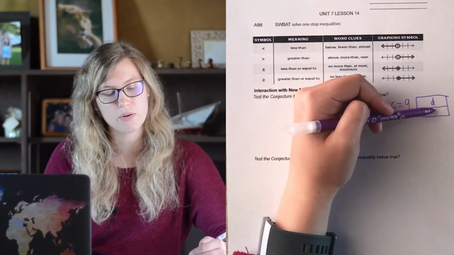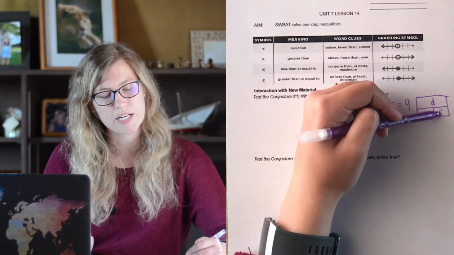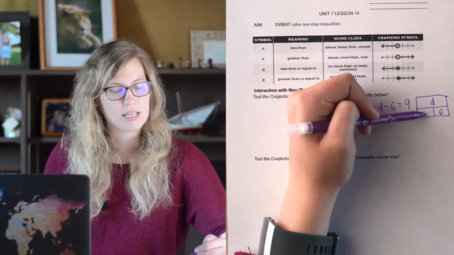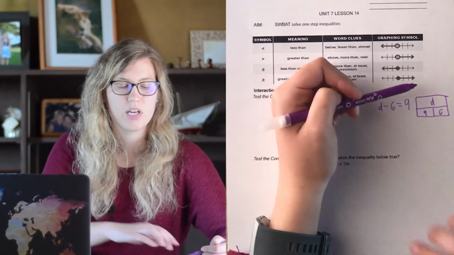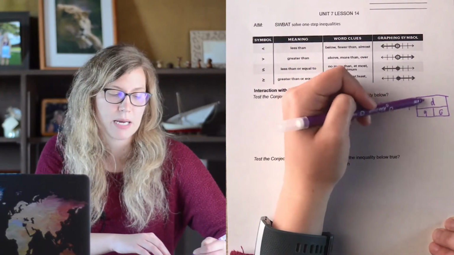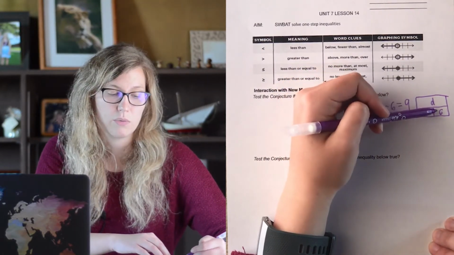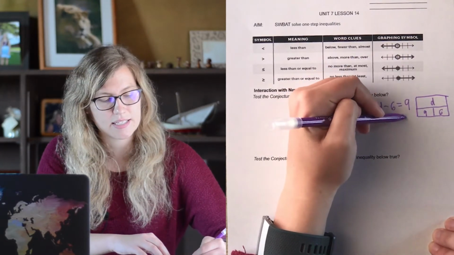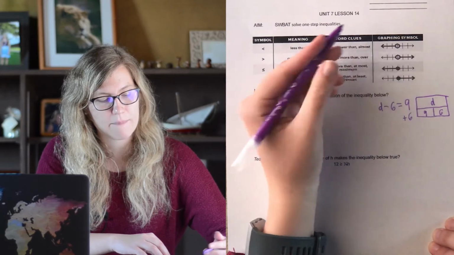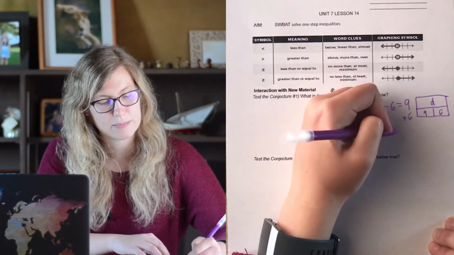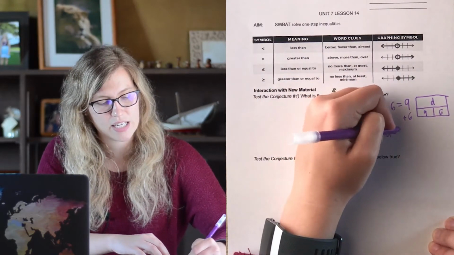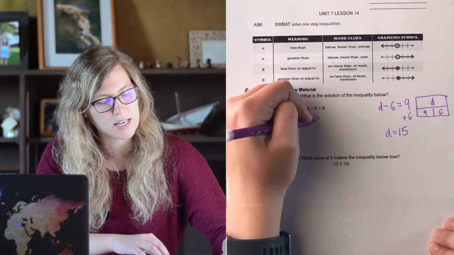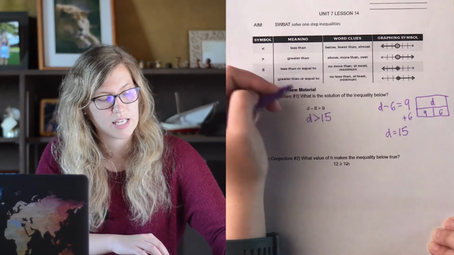So D is my total, and then I'm going to take away 6, and I'm only left with 9. So how am I going to find my total here? Well, I'm going to add 9 plus 6. If I add 6 to my 9, I will get my total. So 6 plus 9 is 15. So my answer should be D is greater than 15.